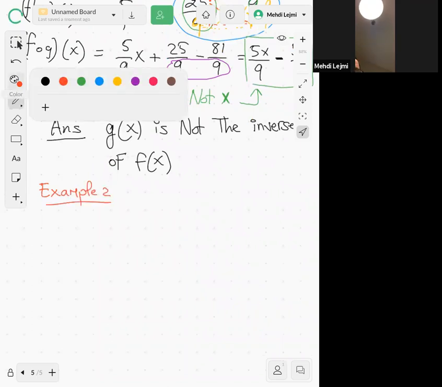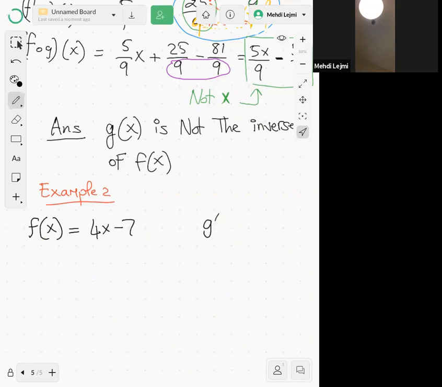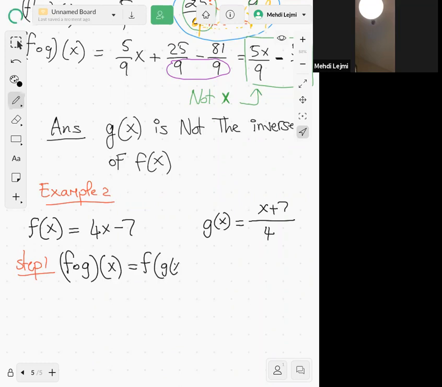Let's take f of x equal to 4x minus 7, and g of x is x plus 7, the whole thing divided by 4. First step, f of g of x.